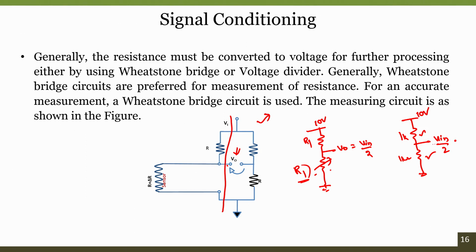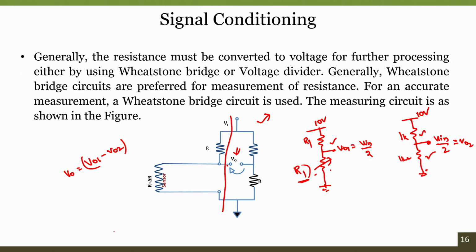This output voltage is also measured with respect to the ground. When we take the difference between the output of the first resistive divider network and the second resistive divider network, that is nothing but your Wheatstone bridge circuit. So, V naught is, if I say this is VO1 and this is VO2, VO1 minus VO2.